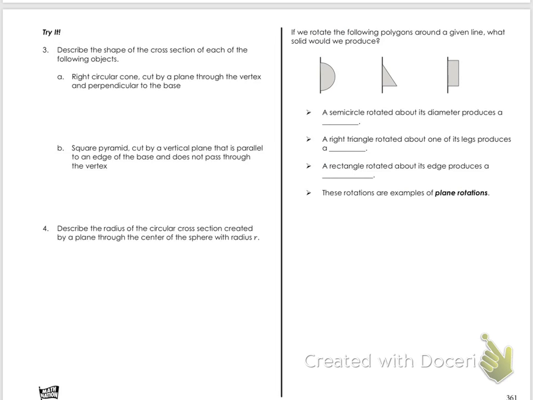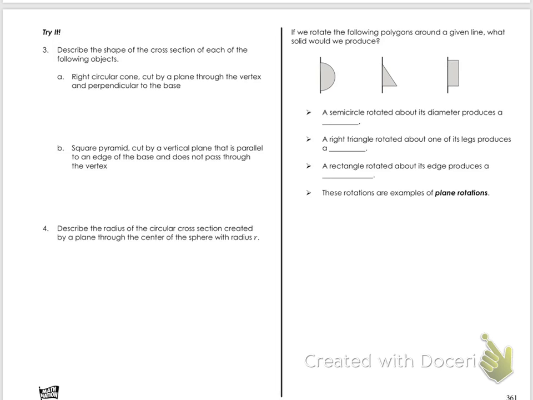Describe the radius of the circular cross-section created by a plane through the center of the sphere with radius r. Okay. So if the sphere has radius r, and if we cut it right directly in half with the plane, then we are creating two hemispheres.